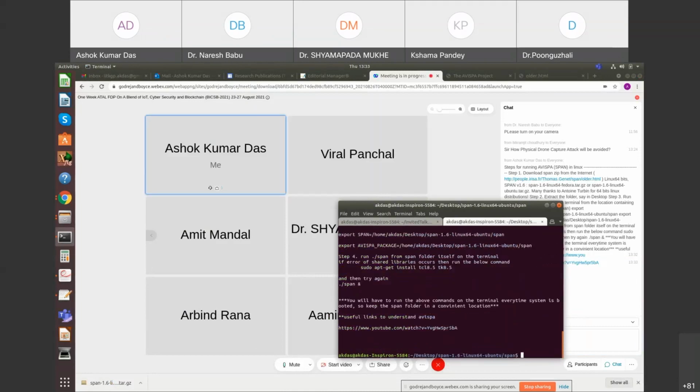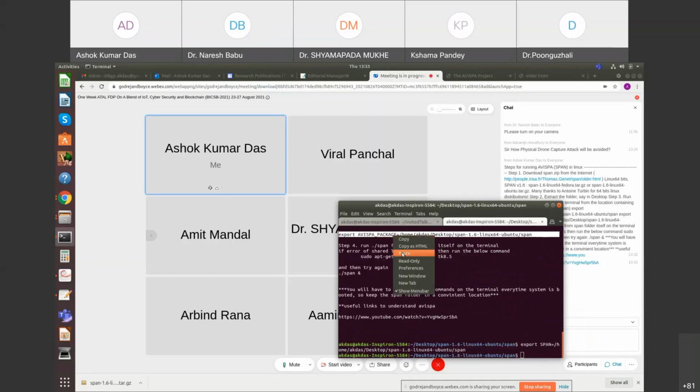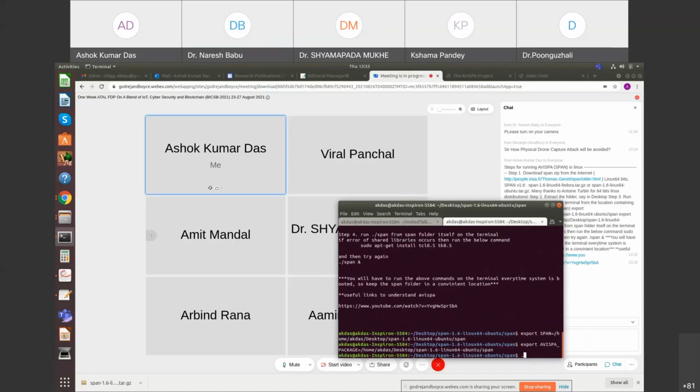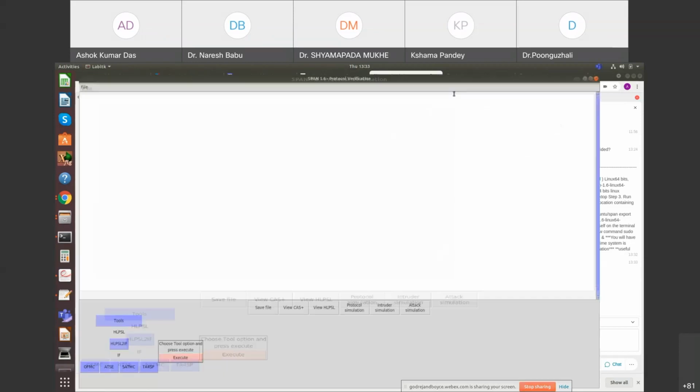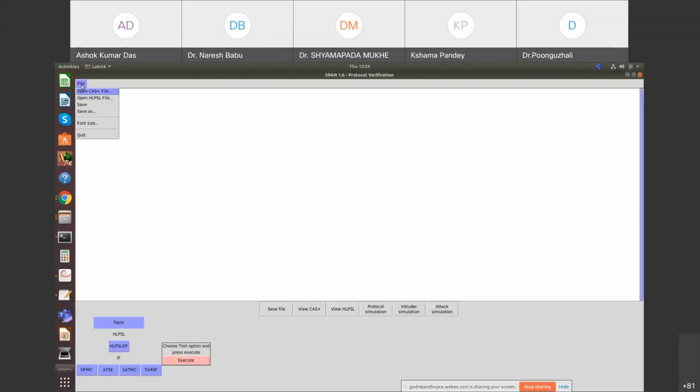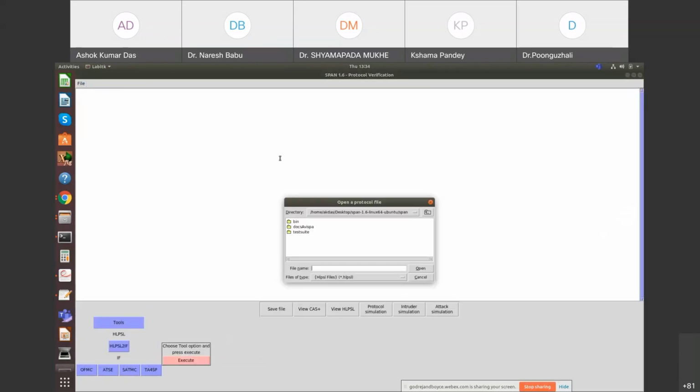First of all, you have to export these two things with your set path, the SPAN and AVISPA package. Then you should run the SPAN here. If you see that it has come here, then you have to open the HLPSL file that has been implemented.